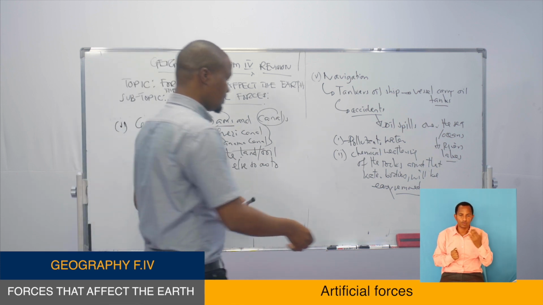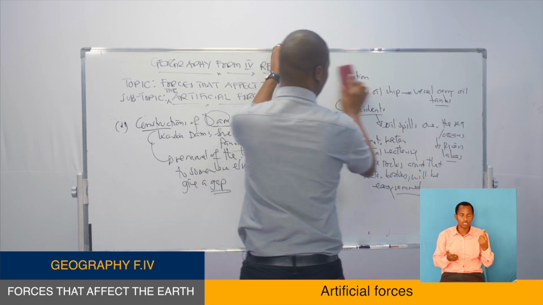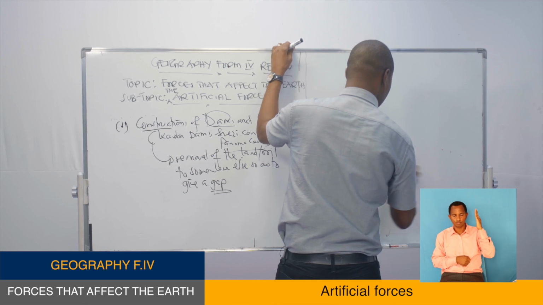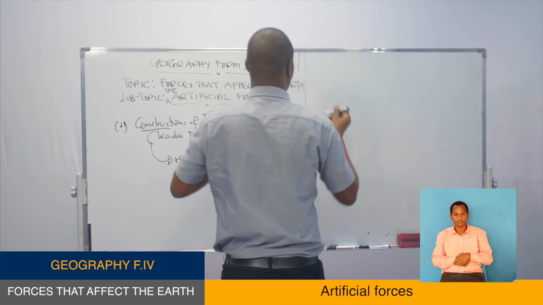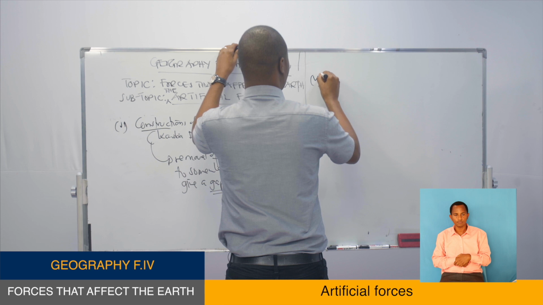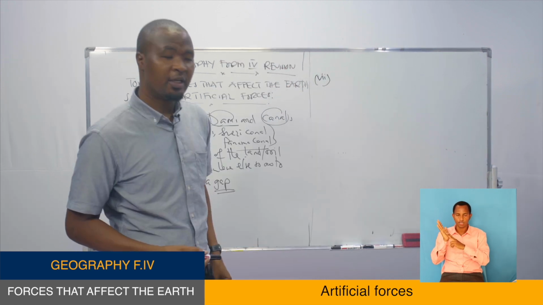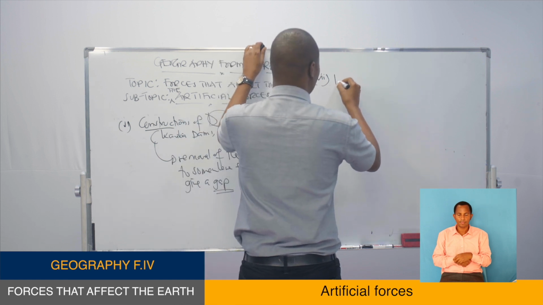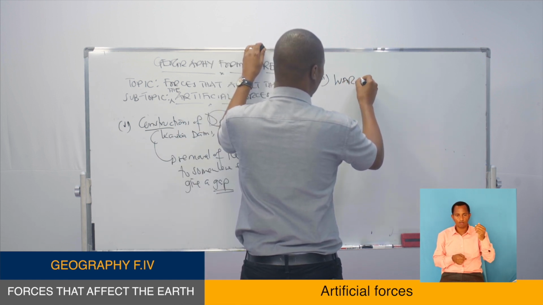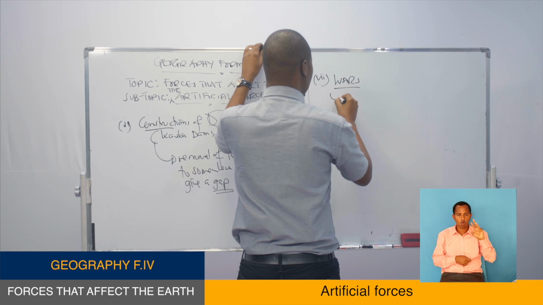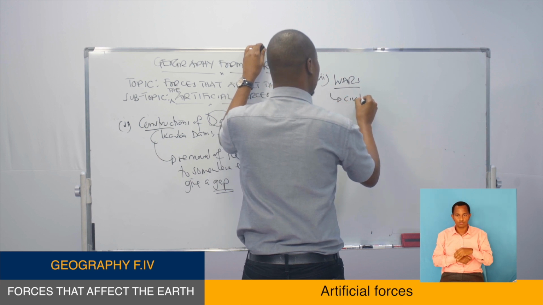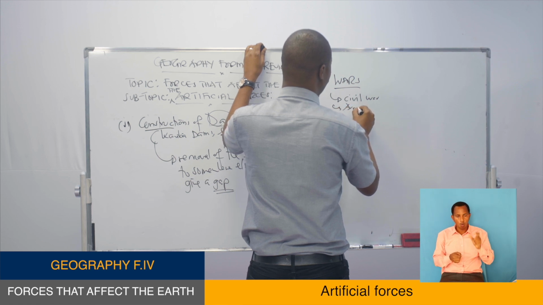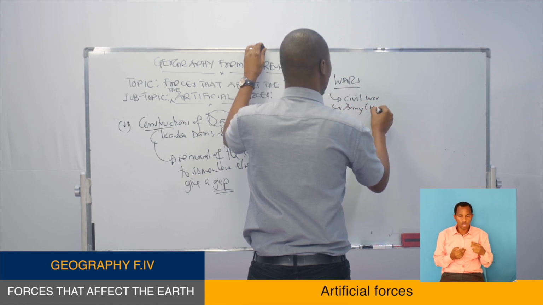We have other causes. I say these are the general causes. Okay, let's see what we call wars. War, see? Either it's a civil war or an army war, we call it a military war.